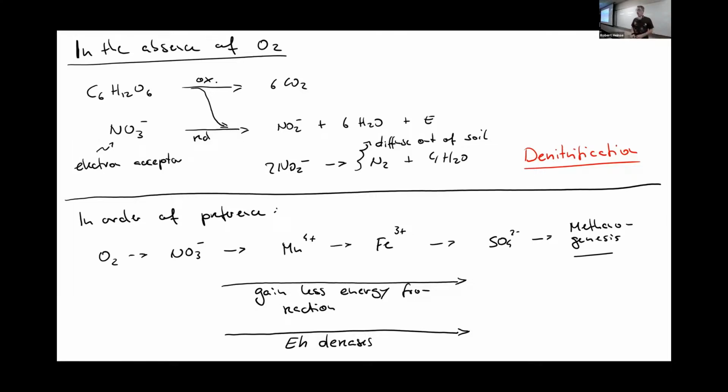And we can use that to figure out where on this ladder of electron acceptors a soil may be. Right? So put a non-polarizable electrode in the soil, measure the potential, and it reads 80 millivolts, and that will tell us we are now using manganese oxides, for example, as an electron acceptor. Okay? That's the big idea.